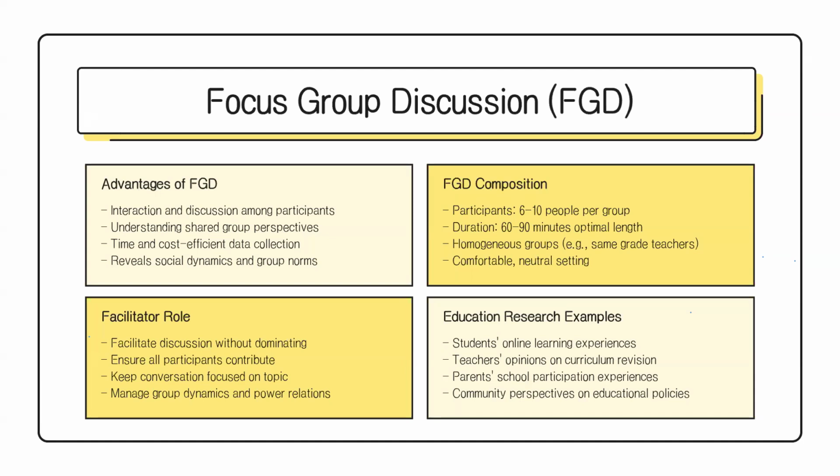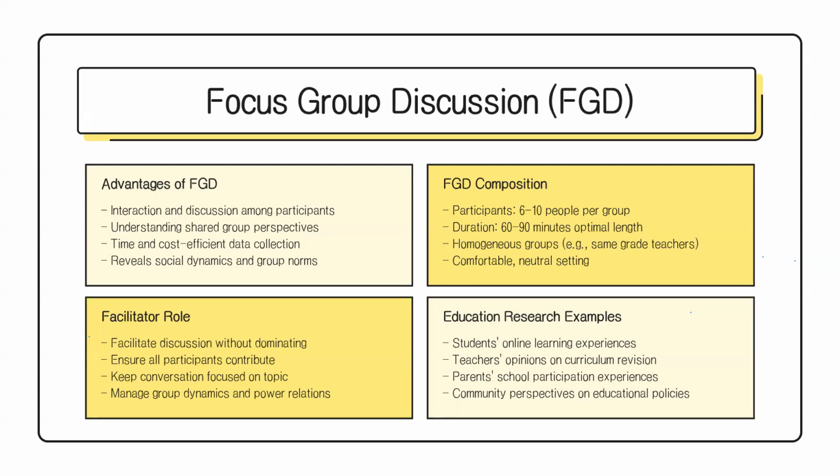FGD composition, typically 6 to 10 people per group. Small enough for everyone to participate, large enough for diverse views. Duration is 60 to 90 minutes, the optimal length. Longer than that, people get tired.